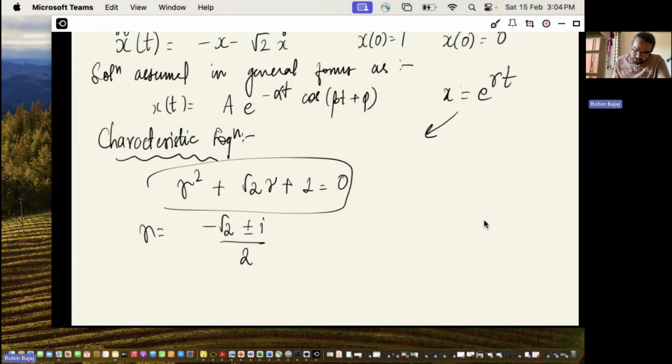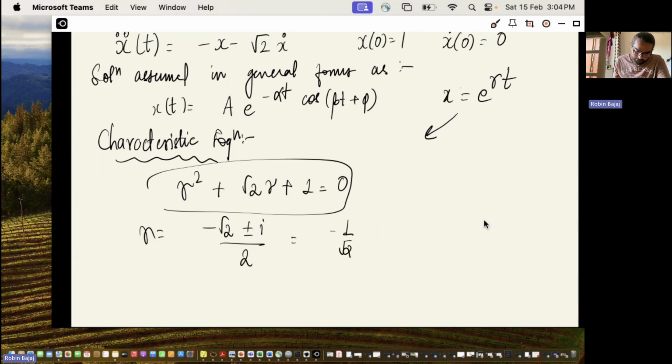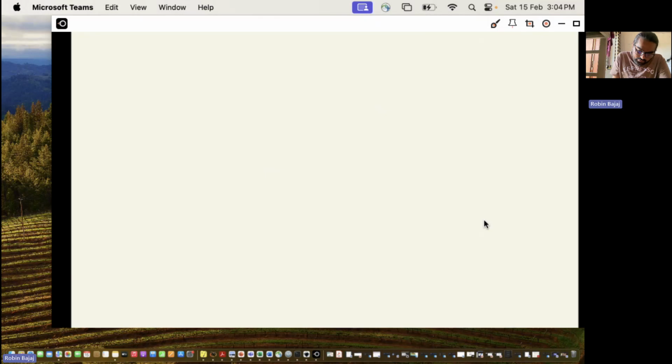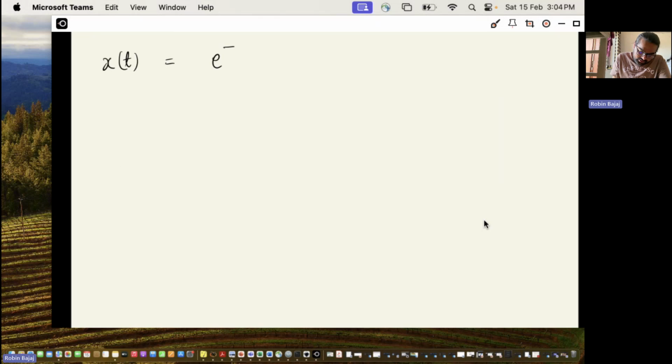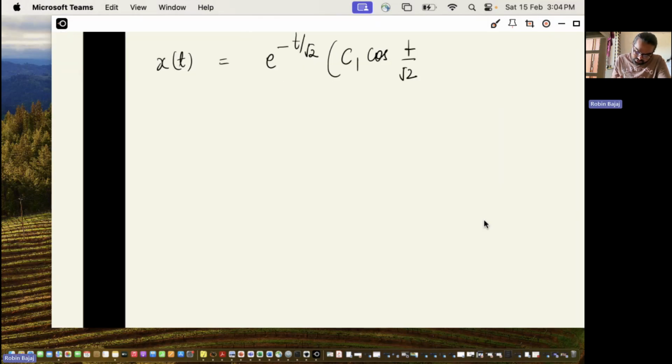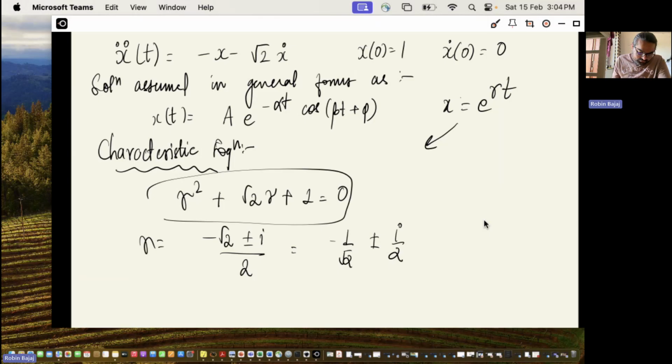So there would be, okay, so your x of t would be e to the power minus t by root 2 and cos, so c1 plus cos t by root 2 based on the second part.